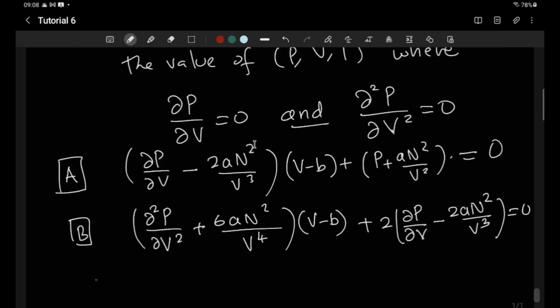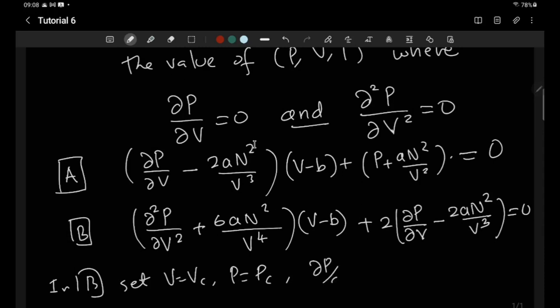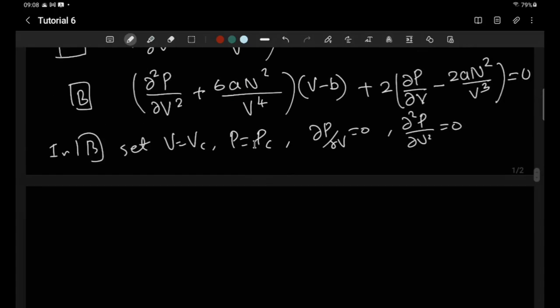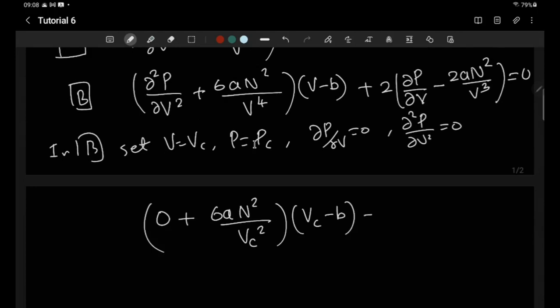So let's look at B. In B, set V equal to Vc, and of course dP by dV then becomes 0, and d squared P by dV squared equals 0.